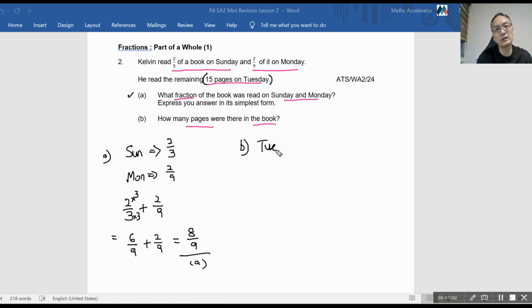So right here, Tuesday. We know that Sunday and Monday will add up to give you 8/9. So we will take one whole, which is 9/9 minus 8/9. And we will get 1/9. Right. So now we know that 1/9 is equal to 15 pages.